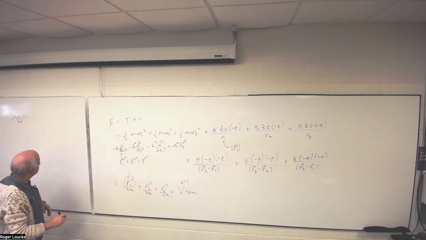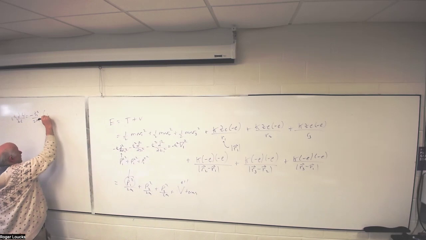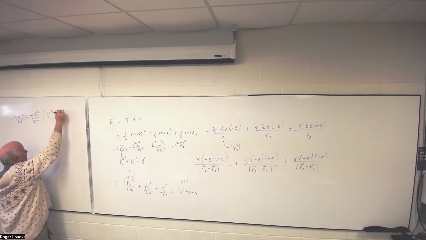Equals, I'll pull out the minus h bar squared over 2m, and have a Laplacian for the first set of coordinates, second, third.